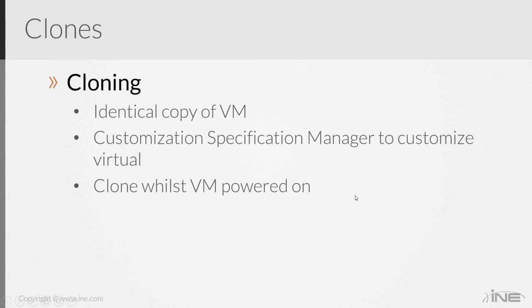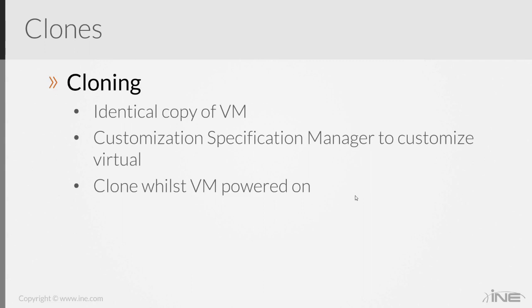Okay. So what we could do is, before actually cloning a virtual machine, we could use the customization specification manager and create a group of settings, and basically we would attach these settings to the virtual machine once we're cloning it. So this basically helps the VM to have its own unique identity.